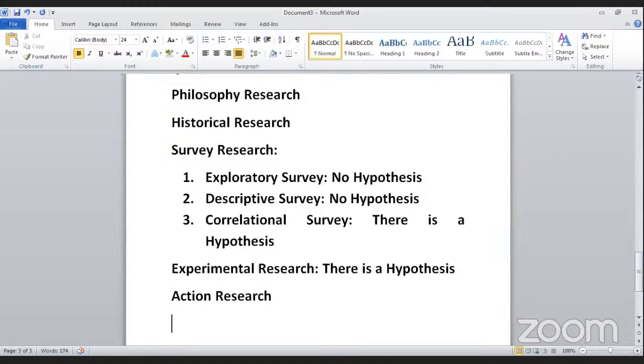Okay, now please understand, whenever you have to conduct a research, you have to select a variable, minimum one variable. And I'm sure you know what a variable is. A characteristic that can change.